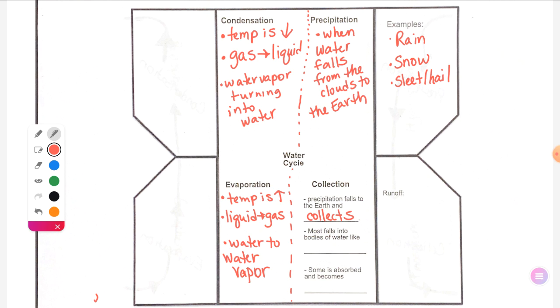Most falls into bodies of water like oceans. I'm going to go ahead and add lakes too. Oceans and lakes. Some is absorbed into the ground and becomes groundwater.